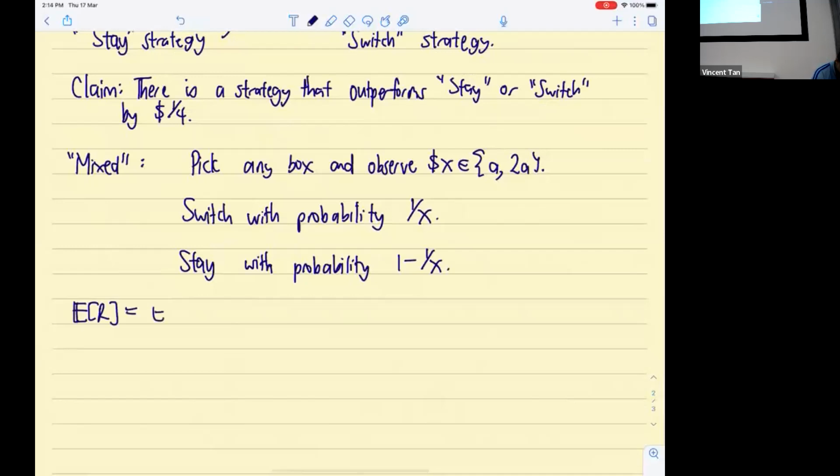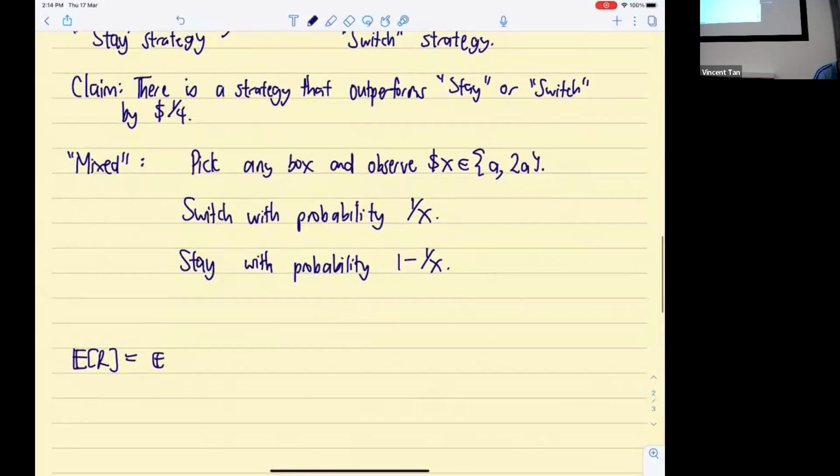Let's use the law of total expectation. In order to do that, we have to define our events. Let A be the event that we pick the box with the smaller amount of money initially.